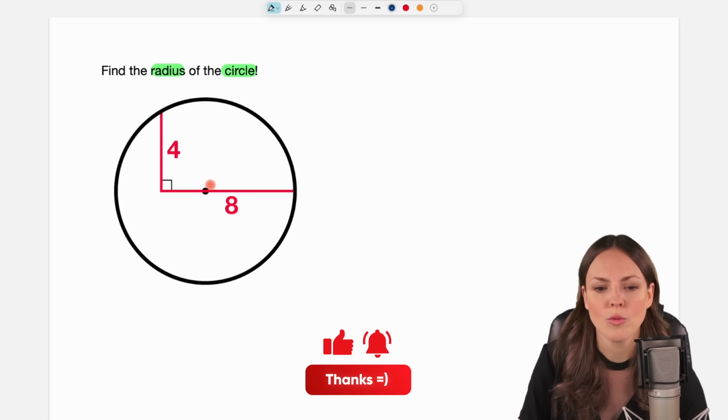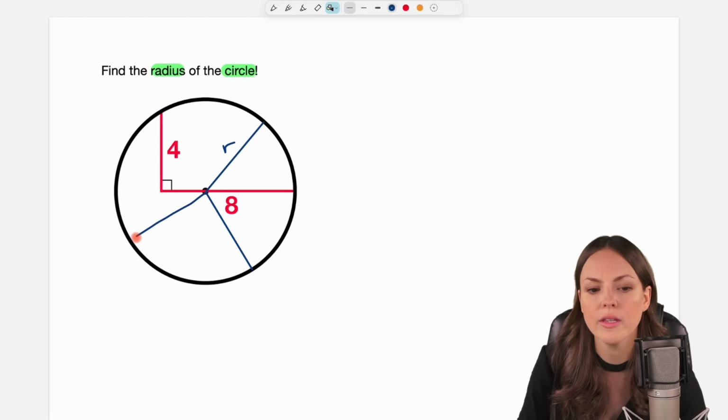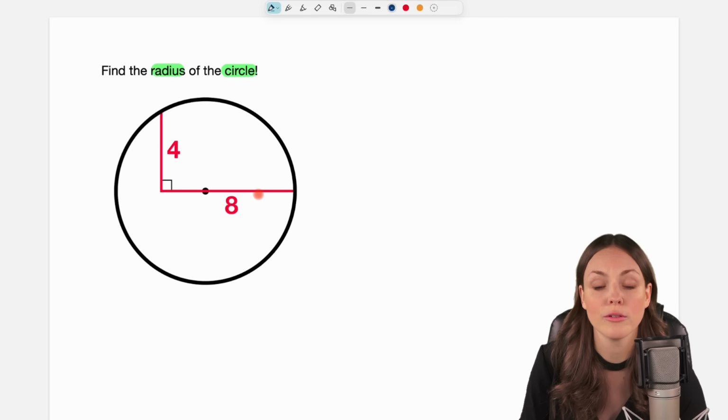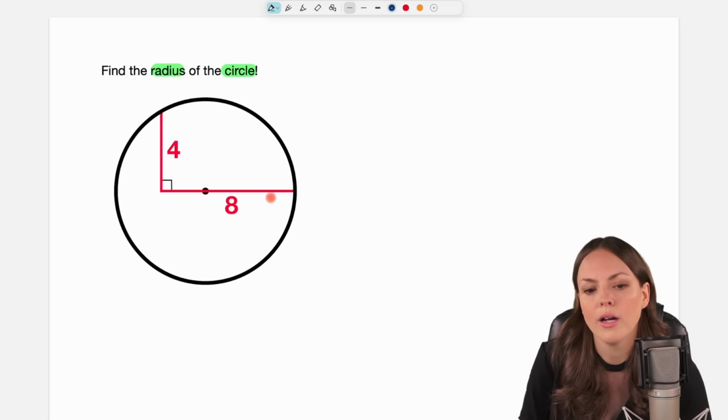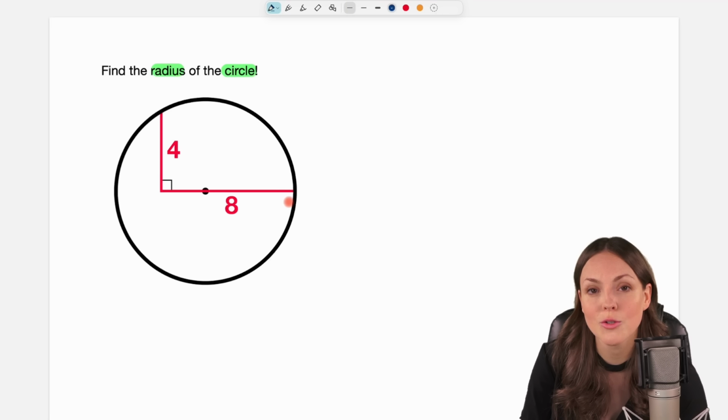So the radius always goes from the center of the circle to the edge. So this is my radius. But the question is, am I going to use this radius here that I just drew? Or is maybe this radius better? Or maybe this radius? So which one should I pick? Usually, when you want to solve such problems, always look for lines that touch your circle or that intersect your circle.